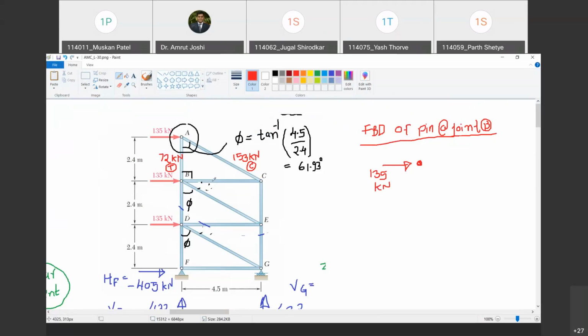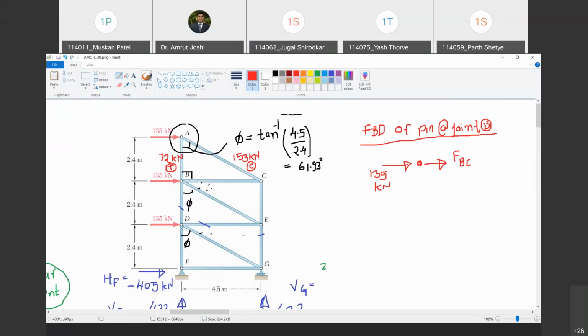Now, is member BC external to joint B? Yes, sir. And it is meeting at joint B. So it must be applying some force on pin at joint B. And what is the force? I assume that member BC is in tension. So it must be pulling the pin. Do you agree with me? Yes, sir. And I call it as FBC. Happy? Yes, sir.